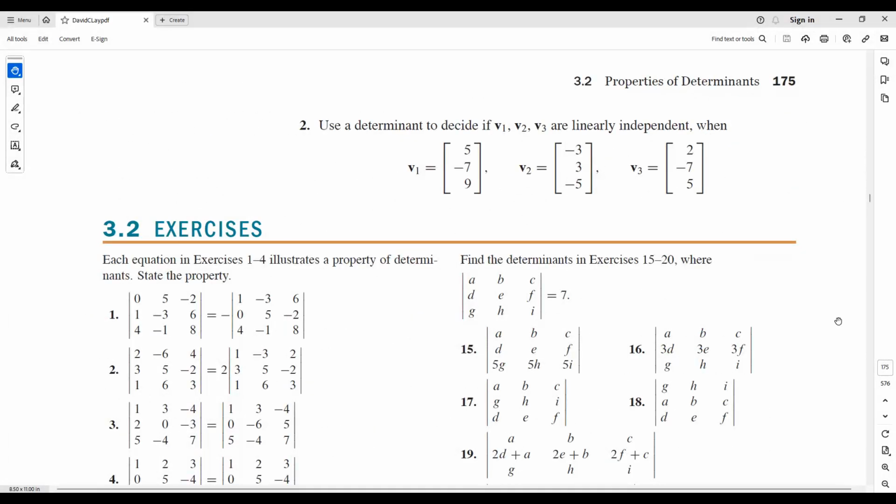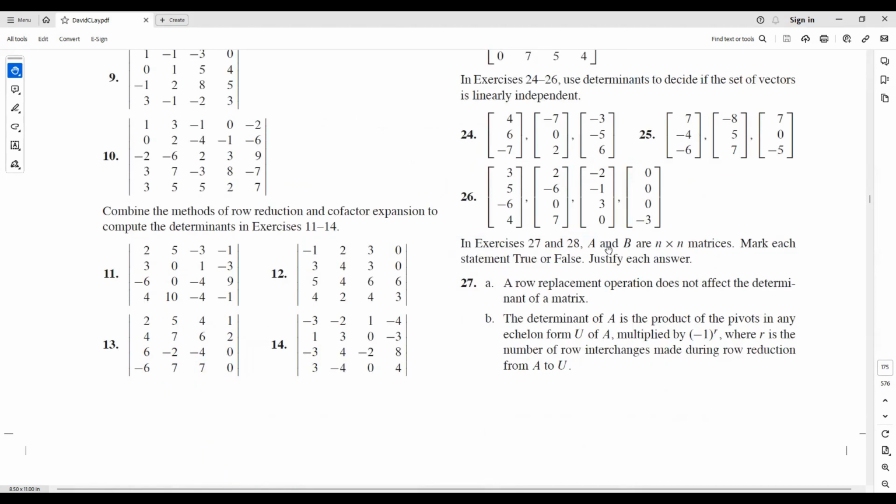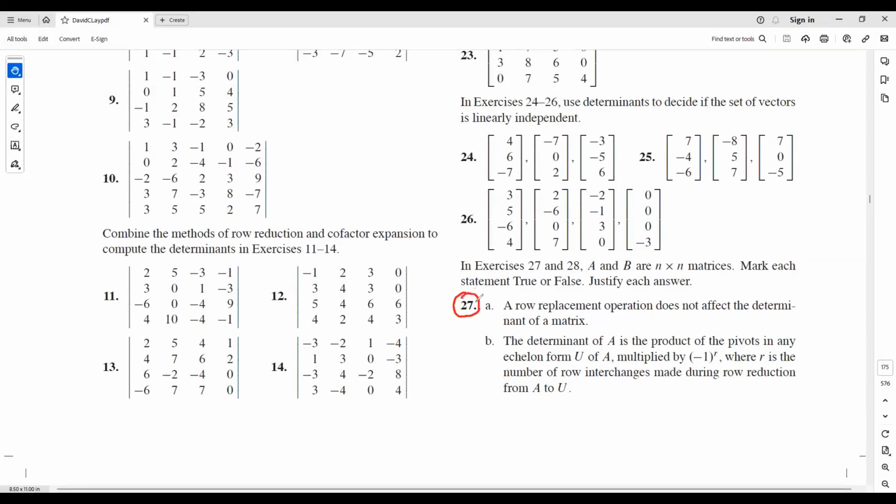Questions in section 3.2. Properties of determinants at page 175. Here, in problems 27 and 28, A and B are n times n matrices. Problem 27. A. A row replacement operation does not affect the determinant of a matrix.